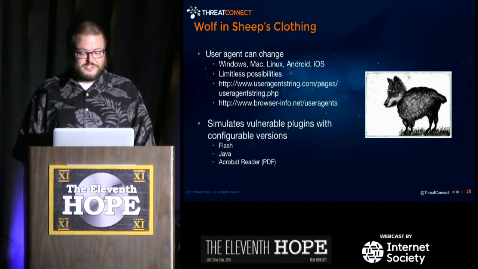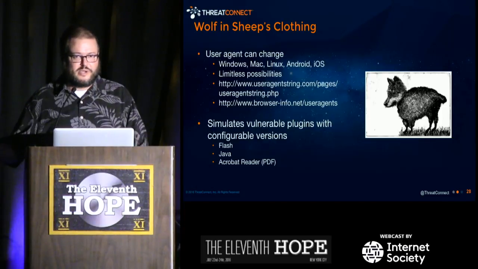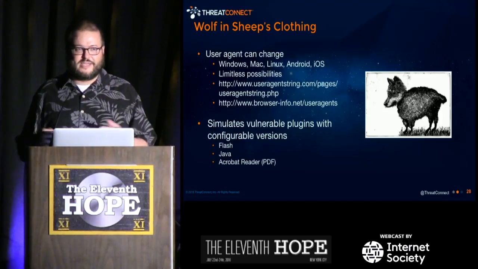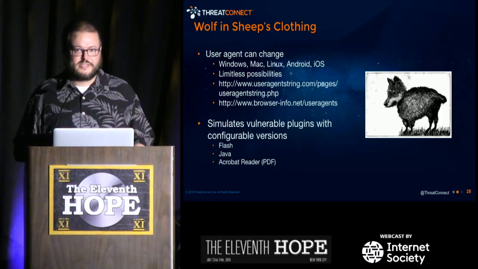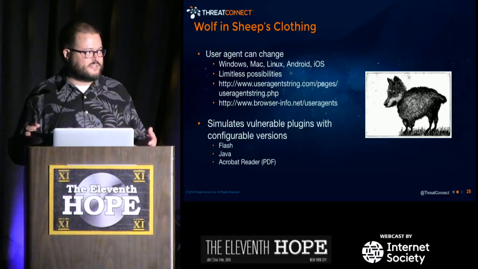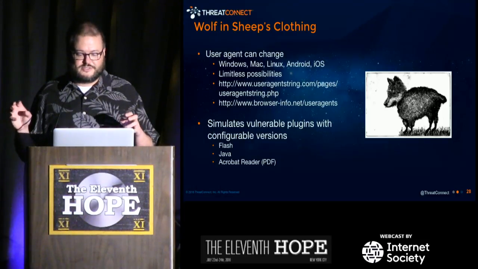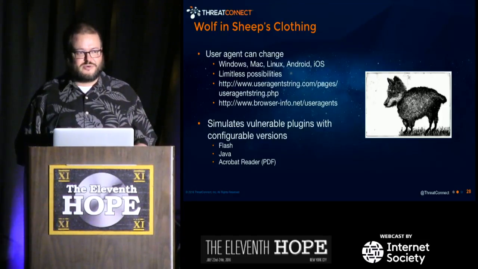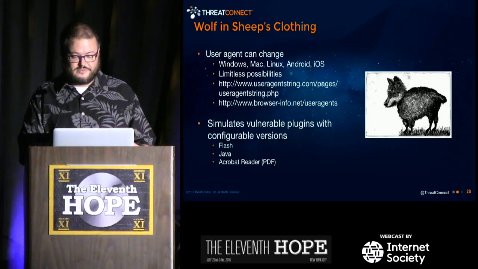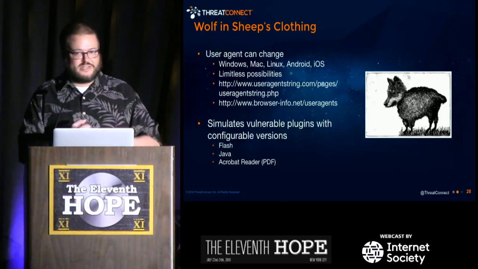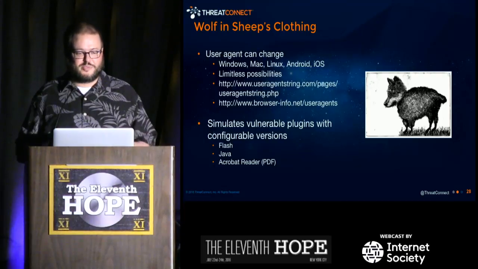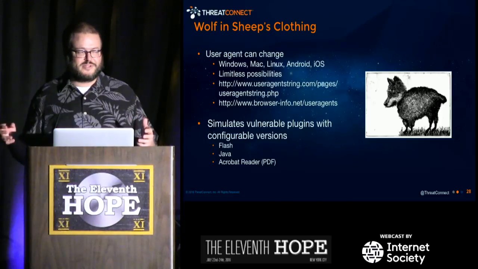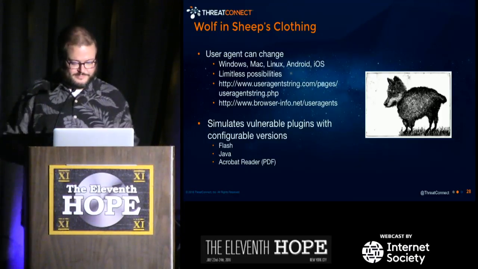Thug is a wolf in sheep's clothing because it is entirely written in Python, and it basically pretends to be any type of browser you'd like via user agent strings. It has V8 as the JavaScript engine, and so it will actually feed the drive-by download the correct version, that you've told it, of Java, PDF, Flash, etc. So it pretends to be the version of Java or whatever that drive-by wants to infect you with.